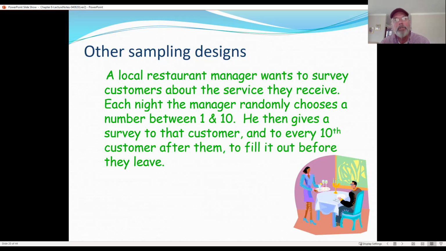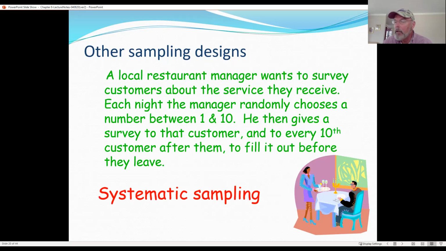So it would go 7, 17, 27, and that would be the way you would randomly select in a systematic sampling design. Questions about this?